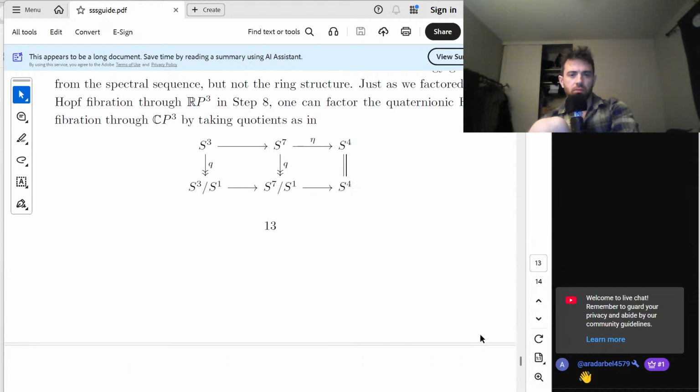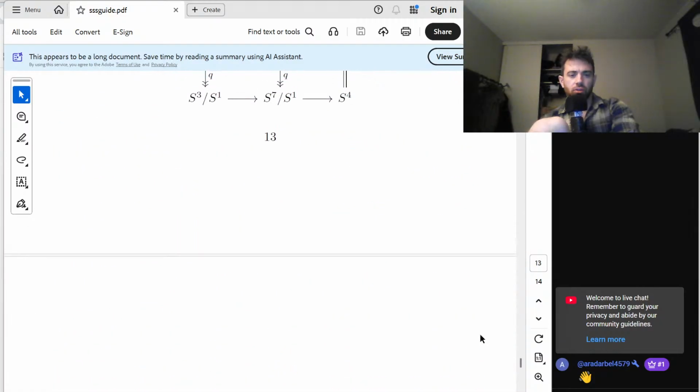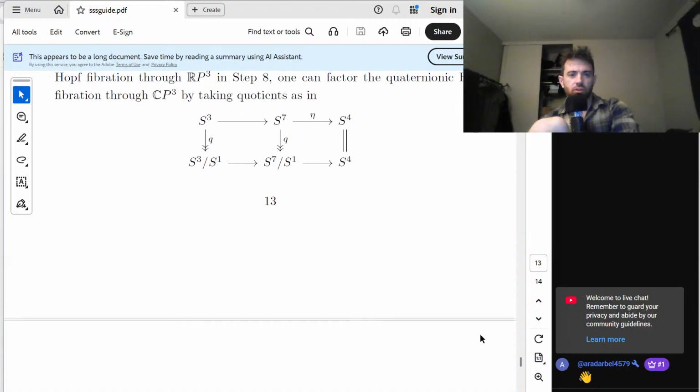Wait. S4, sure. Why is S3? Oh, and I guess because S3 has trivial fundamental group. If you quotient out by a circle, you're like collapsing a circle, but that shouldn't do anything.